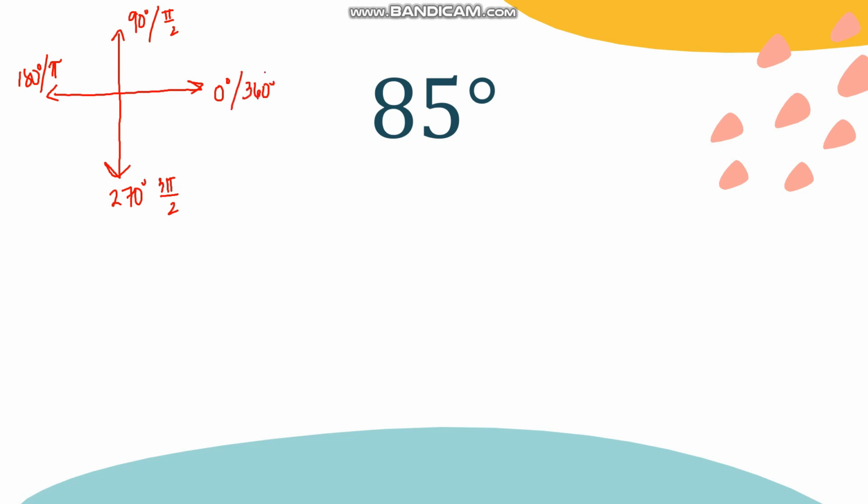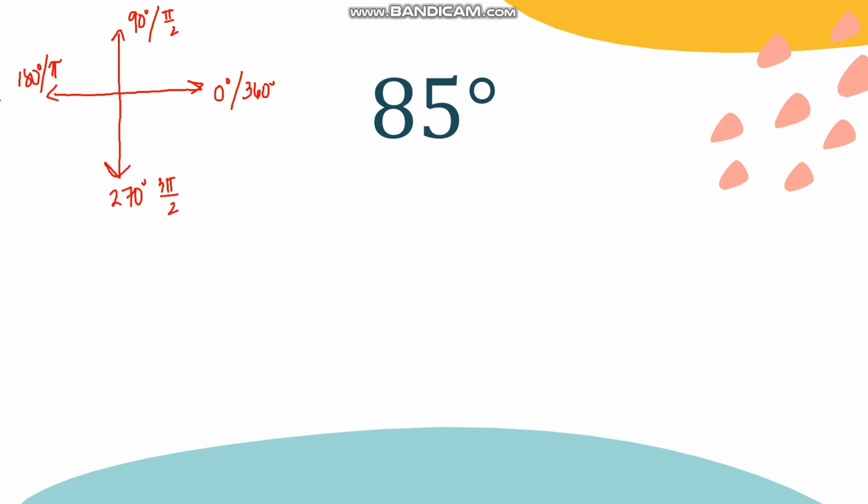You should be familiar with the locations of the angles in the Cartesian plane so that you know where the angle is located. If the angle is between 0 and 90, that's the first quadrant. Between 90 and 180, second quadrant. 180 to 270, third quadrant. And 270 to 360, that's the fourth quadrant.